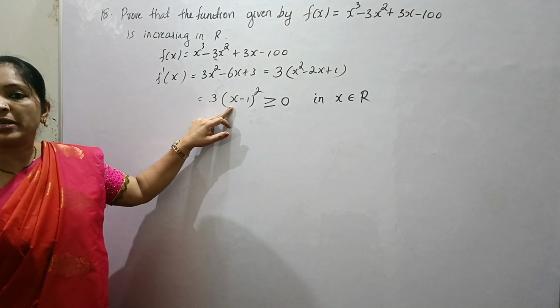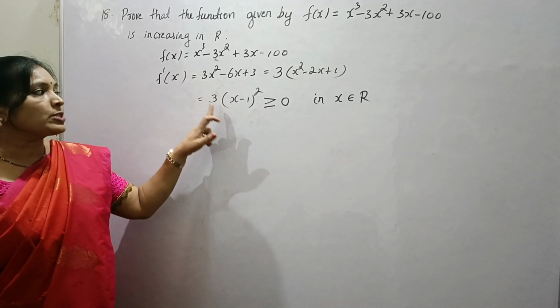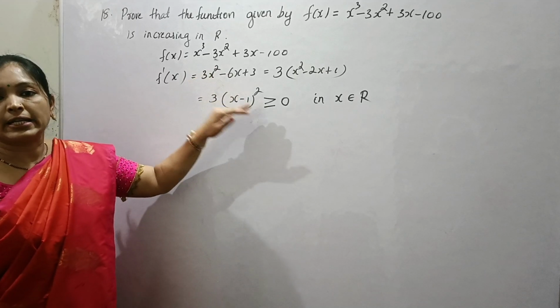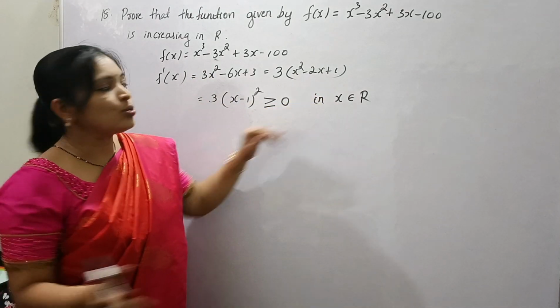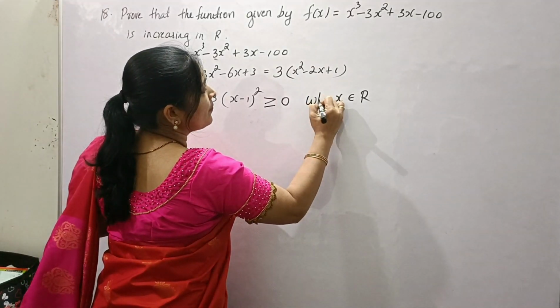When x is equal to 1, it will be 0, right? So here we can write 3 into x minus 1 whole square is greater than or equal to 0 when x belongs to R.